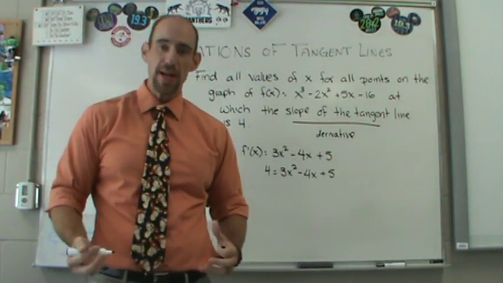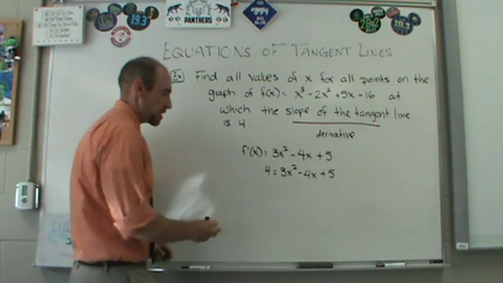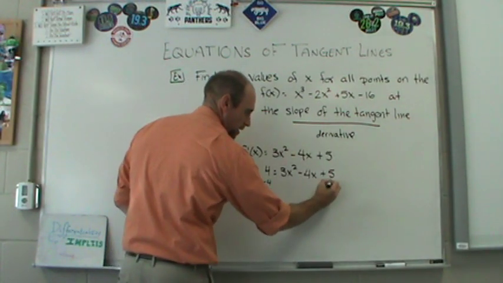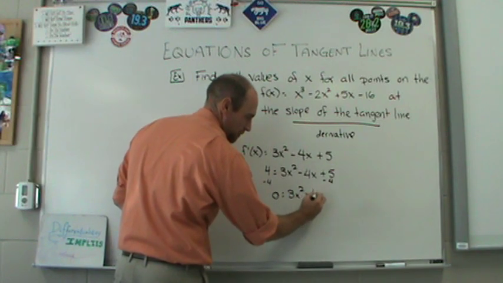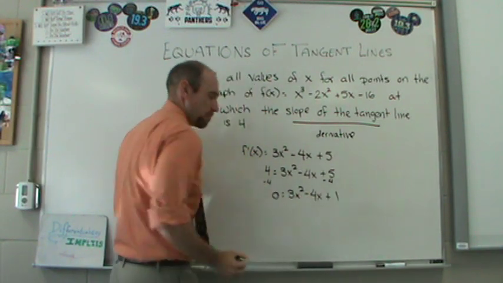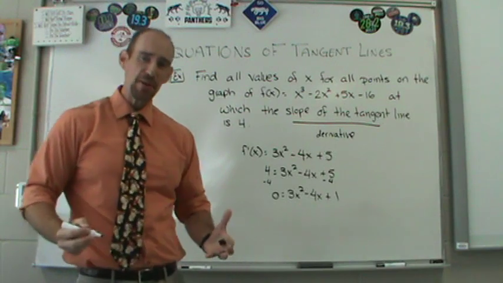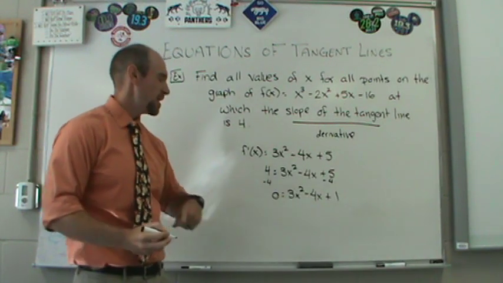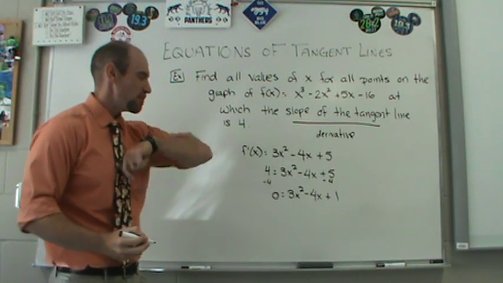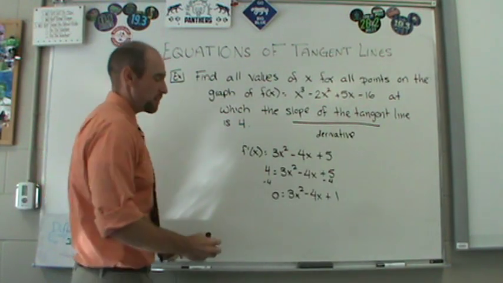Whenever we have a quadratic, the way we solve it is we get it equal to 0 first. So I'm going to subtract 4 and I get 0 equals 3x squared minus 4x plus 1. Now we've got to factor this. I like to factor by grouping. I take 3 times 1, which gives me 3, factors of 3 that give me negative 4.